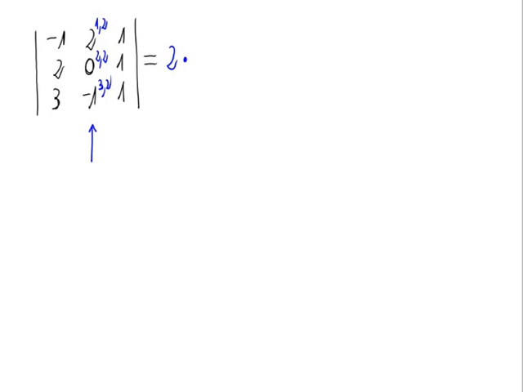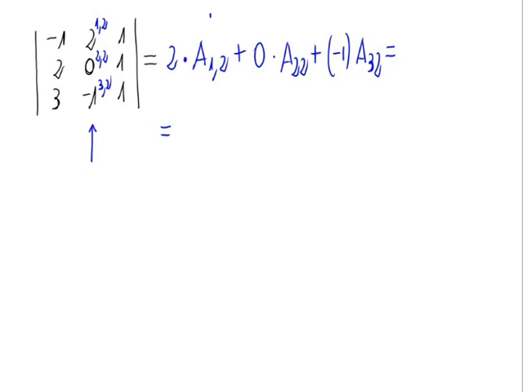So this would be 2 times the cofactor of 2, let's call it A12, plus the 0 times its cofactor, that is A22, plus the -1 times its cofactor, A32. So let's calculate the value of the cofactors of this one, right here, and the third one.